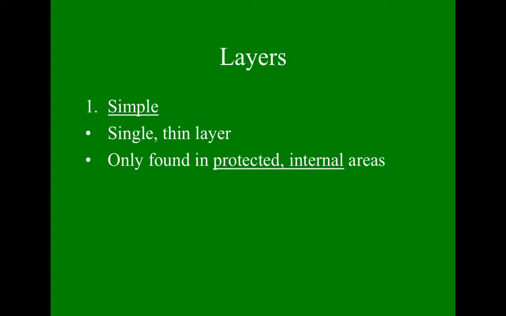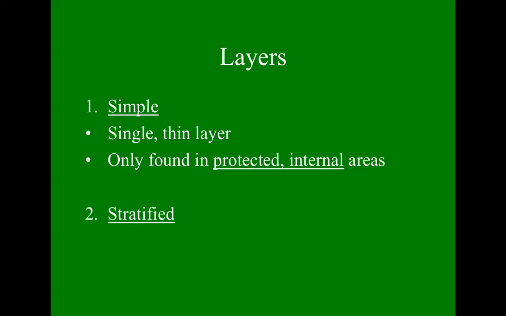They are only found in these protected internal areas, simply because the deeper they are inside the body, the less chance they're going to have to be damaged by abrasion. So a single layer will provide some protection, but if it's in a harsh environment, like on the outside surface exposed to the outdoors, then that's actually not a good thing.